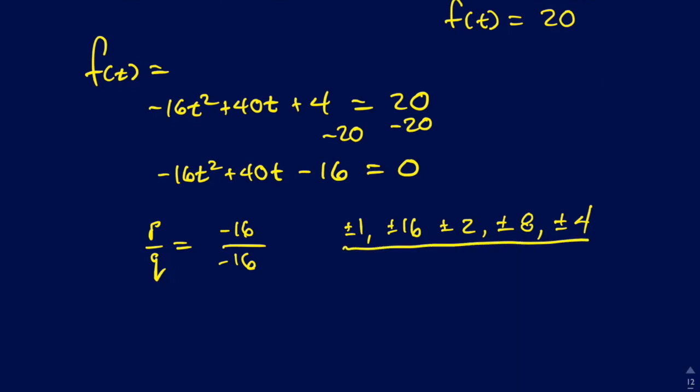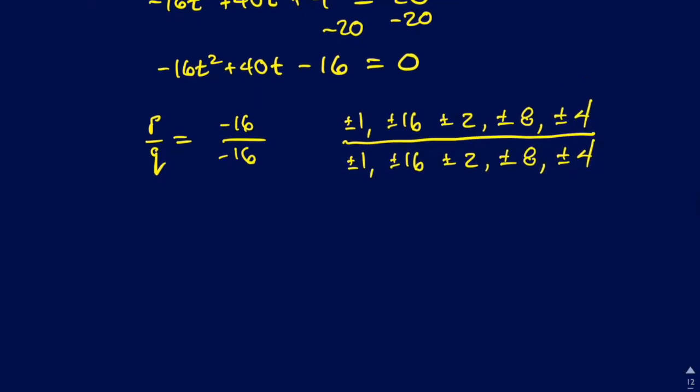Let's also look at this same list, so I'll copy this list and put it below. Now we have to list all the possibilities. We start off with the list we just copied, which are all the ones over 1. But now we have to look at all those over 2. So plus or minus 1 over 2. Everything else is represented, because plus or minus 16 over 2 is 8, 2 over 2 is 1, 8 over 2 is 4, and 4 over 2 is 2. Those are all covered.